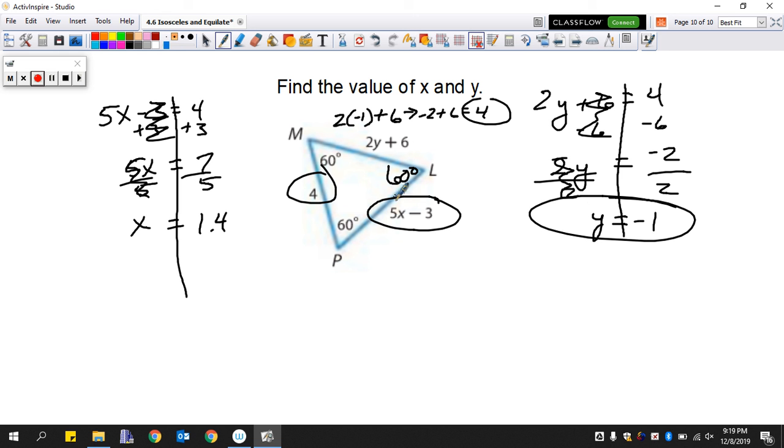So the actual measurement is 4. The -1 is just the value of the variable that plugs into the equation. Same thing with the x value. You may say, wait a minute, I thought it was 4. It's not. This is just the value of the variable, not of the actual length of the side.